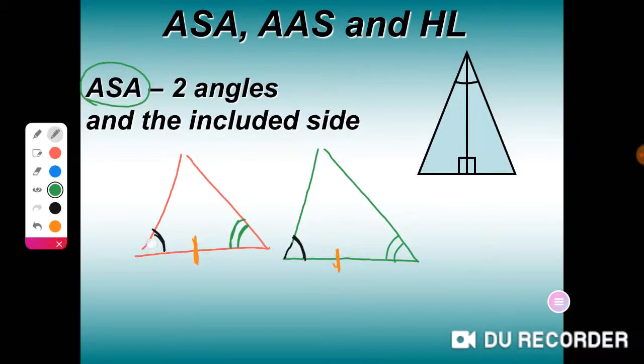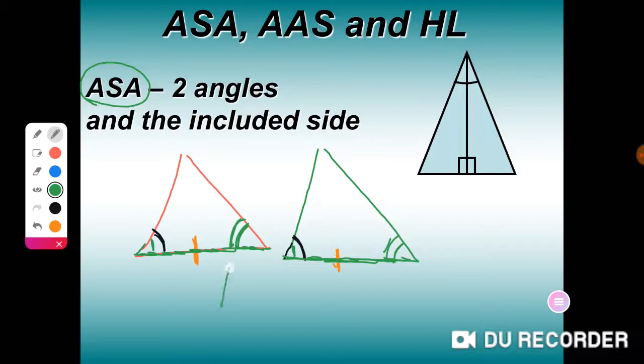So the first angle is congruent to this angle, and the indicated side, which is the side in between the two angles, is congruent to its corresponding side, and this angle is congruent to this angle.